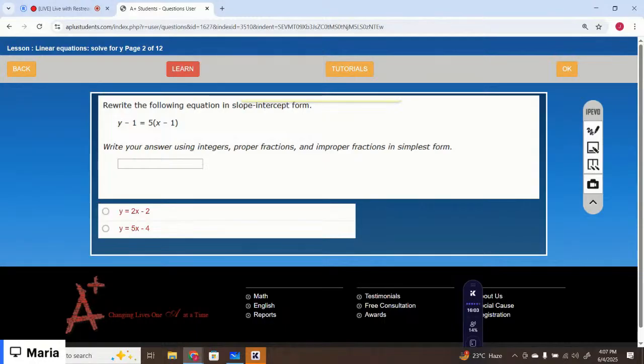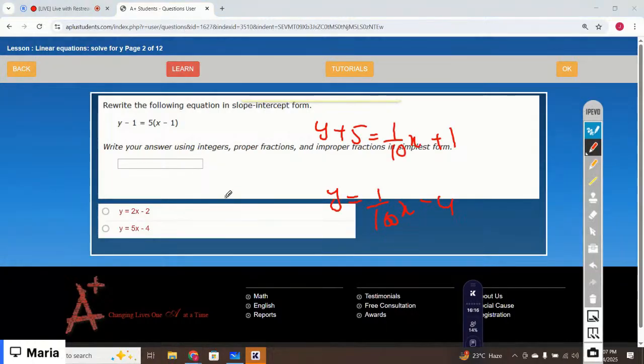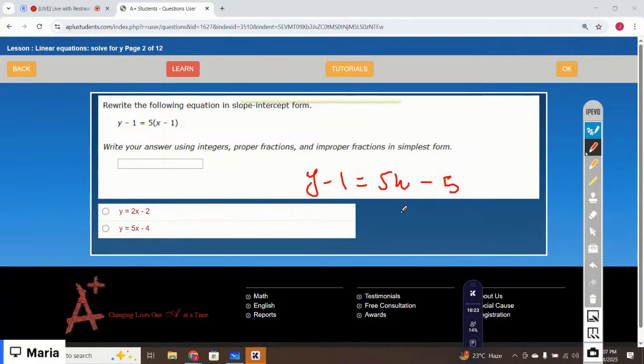Write the following equation in slope-intercept form. y minus 1 equals 5x minus 5. y equals 5x minus 5 plus 1.